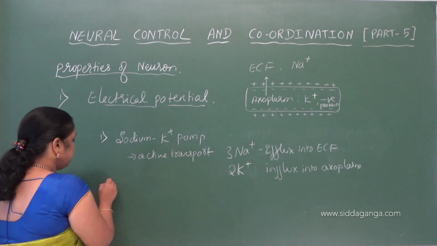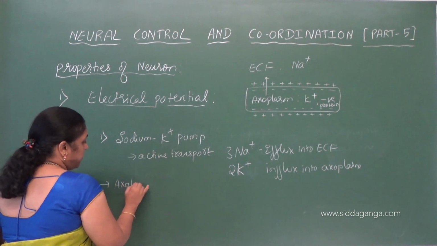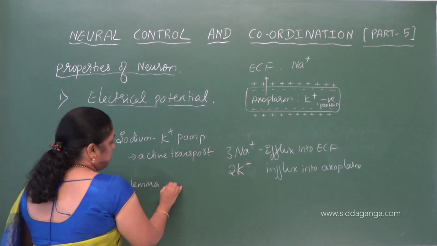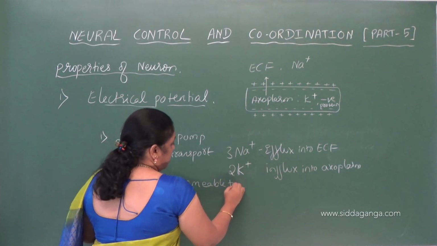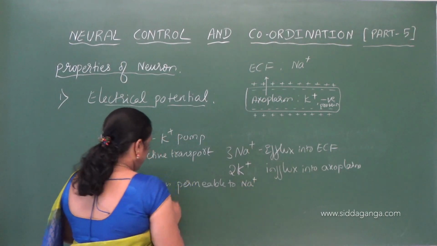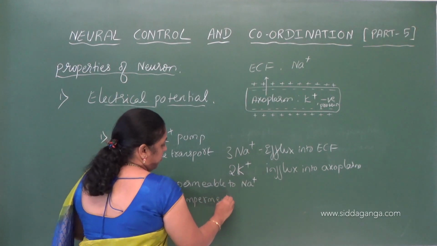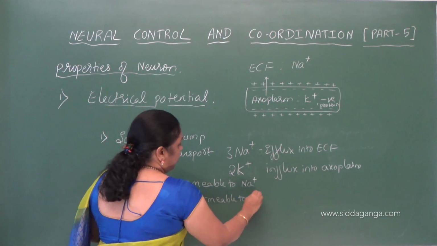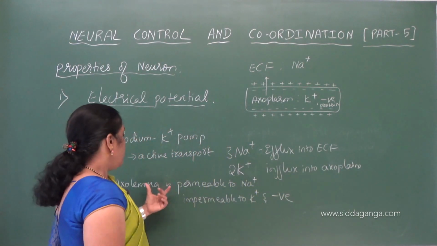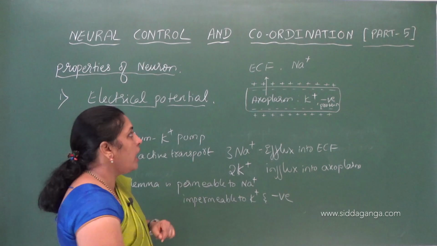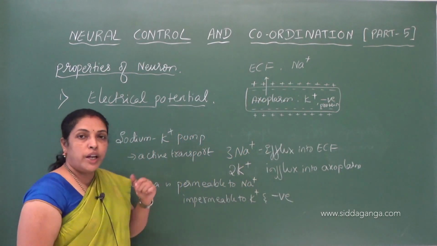And one more is, the axolemma or neurolemma is permeable to sodium ions and impermeable to potassium ions and negatively charged protein molecules. This permeability of the membrane again helps to maintain positive charges outside the axolemma and negative charges inside.